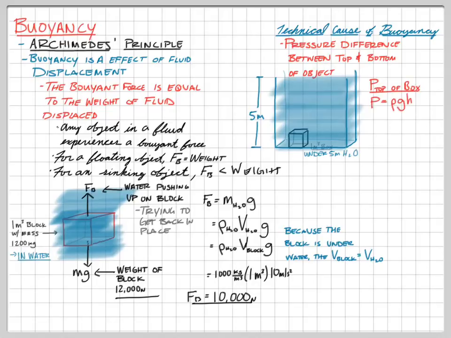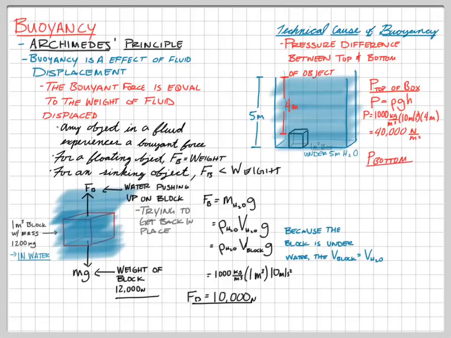Pressure at the top of the box is rho g h. That's for the water because we're talking about the water. So 1,000 times 10 times height. And if it's the top of the box, my height is 4 meters. So it's 1,000 kilograms per meter cubed times 10 meters per second squared times 4 meters. That gives me 40,000 newtons per meter squared pressure on top of the box.